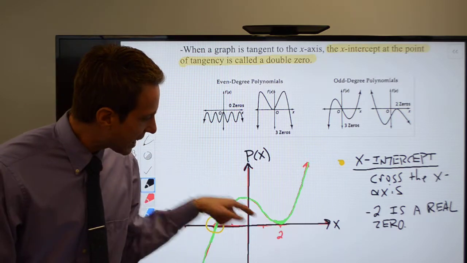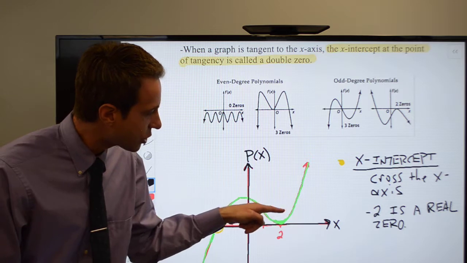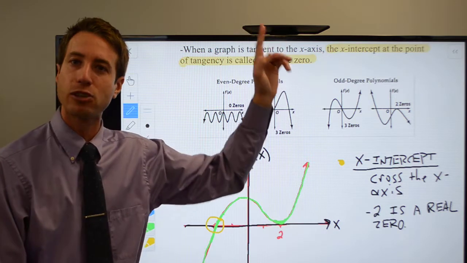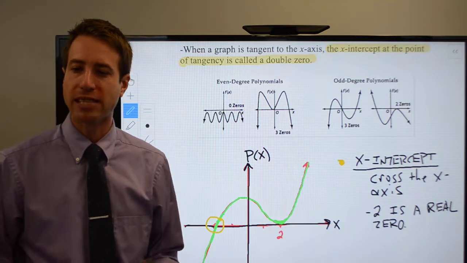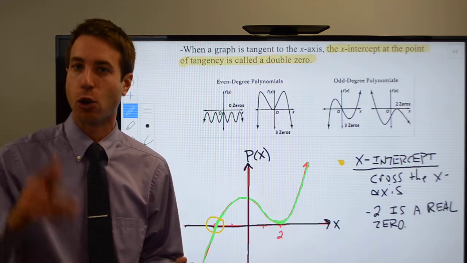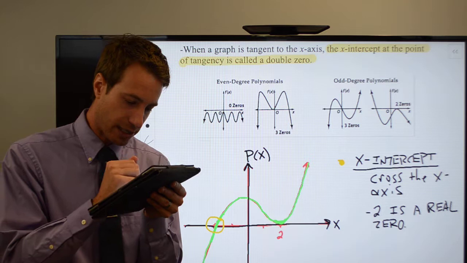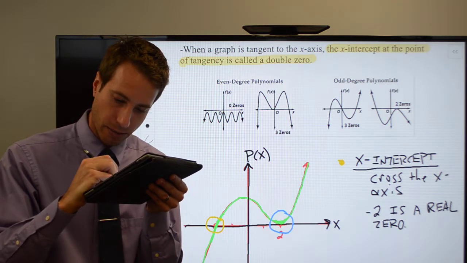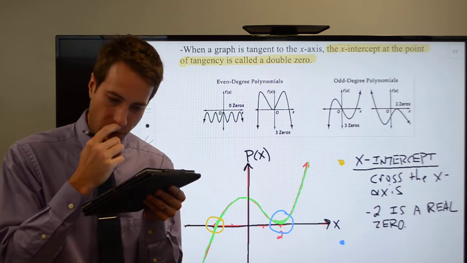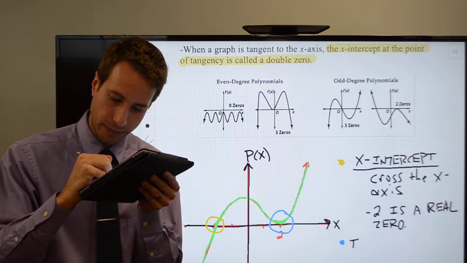But this one right here, where you just come down and you touch the x-axis and then you go back the direction you came, you don't actually cross the x-axis. We actually call this a point of tangency, or when you're tangent to the x-axis. Let me throw that guy right there in blue, right? There it is, circled in blue. This is what we're going to call a tangent.